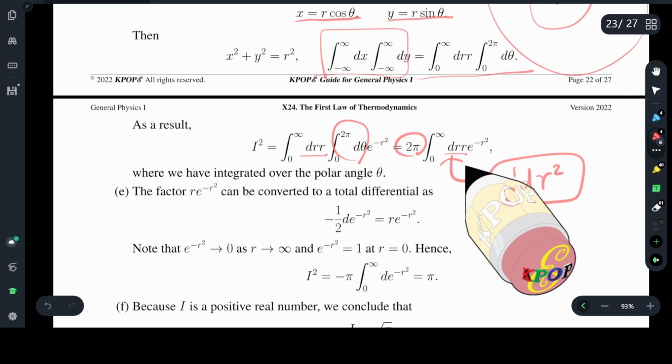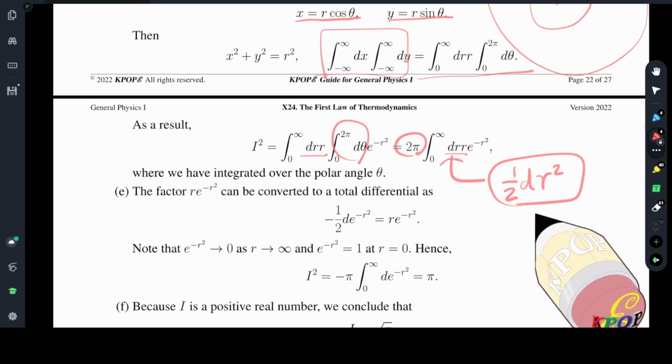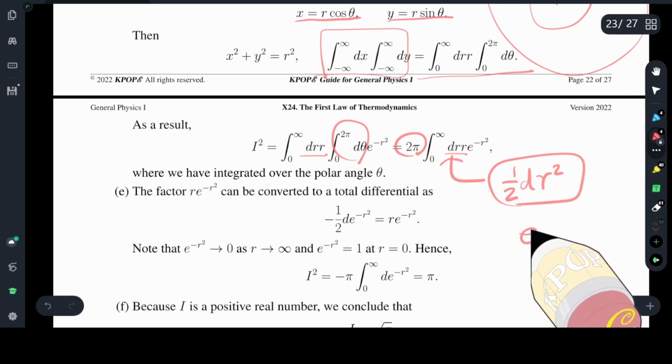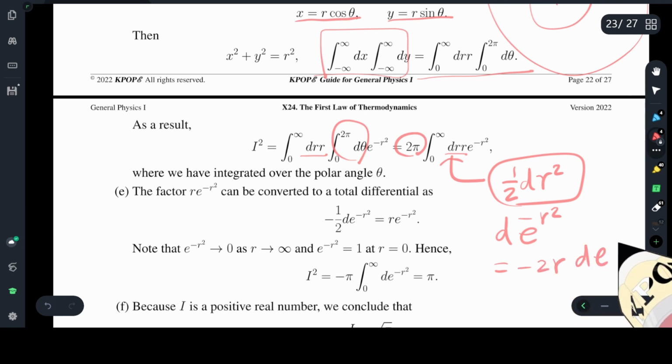This is 1/2 r squared. In addition, what should I do? Minus e to the minus r squared differential. Let me compute this. That is minus 2r dr e to the minus r squared. All right.